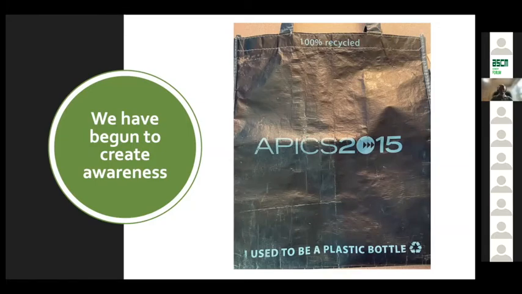There are whole clothing lines now, and we're not talking about your Dickies shirt, your Dickies pants kind of thing for a work uniform. We're talking about high end clothing that's made out of reprocessed plastics.